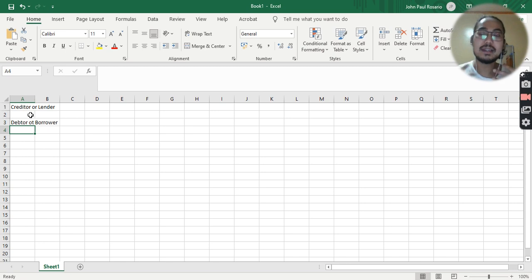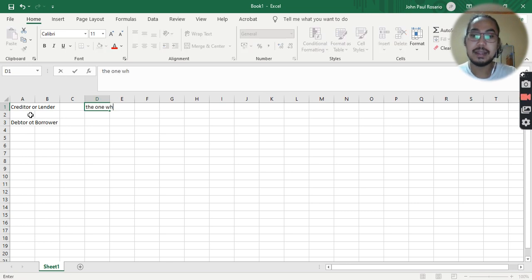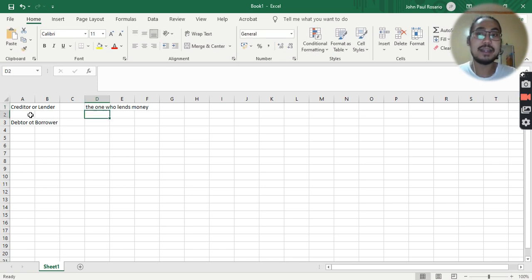If a company has excess money, or you yourself have excess money, and someone wants to borrow from you, you lend it out. So you who lend are called the creditor or lender, the one who lends money. And the debtor or borrower is the one who owes money.